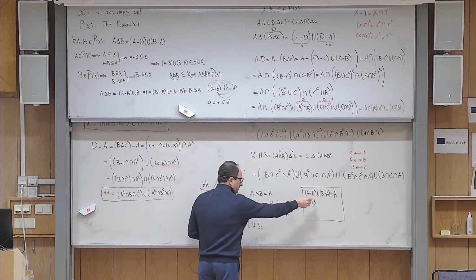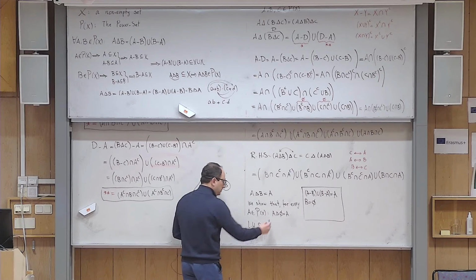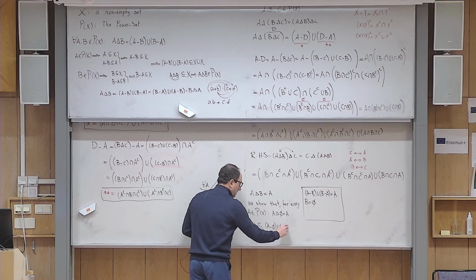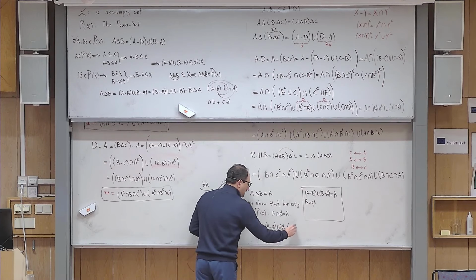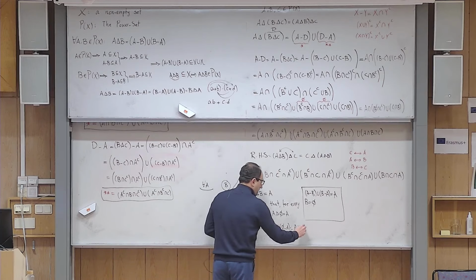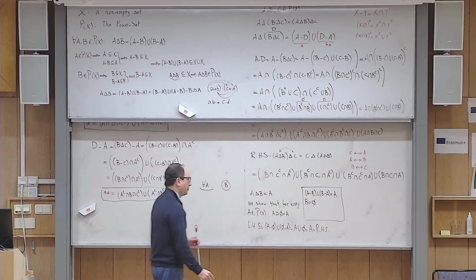So by the observation you made in a scratch paper, you just claim this and prove your claim. So the left-hand side becomes A minus the empty set union the empty set minus A, but A minus the empty set is A, union empty set minus A is the empty set, and A union the empty set is this one, which is equal to the right-hand side.